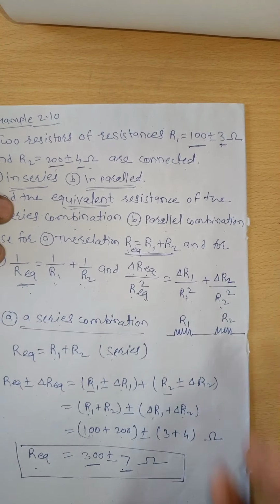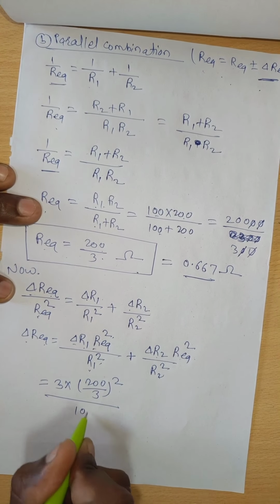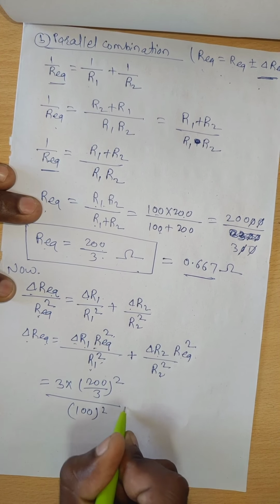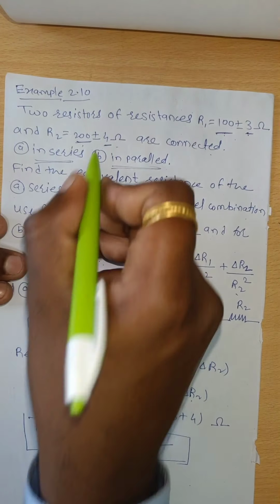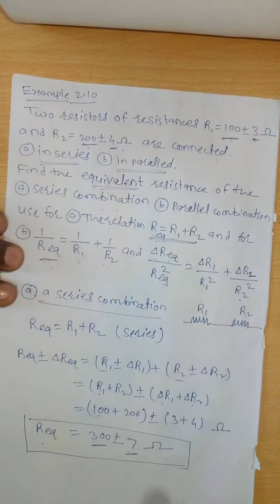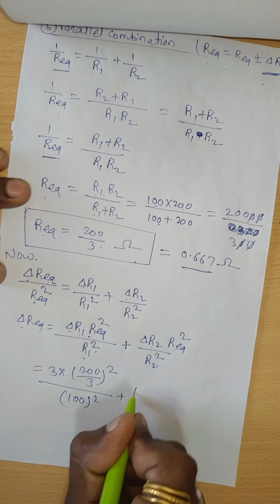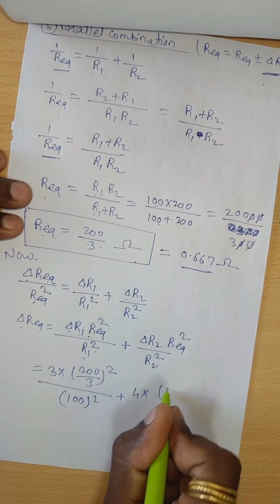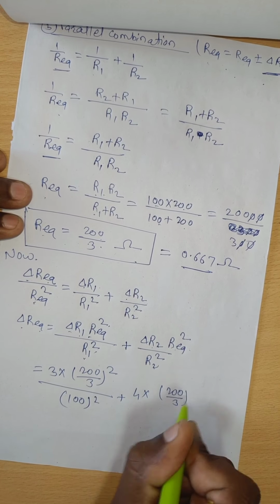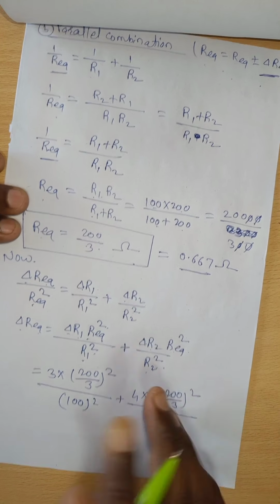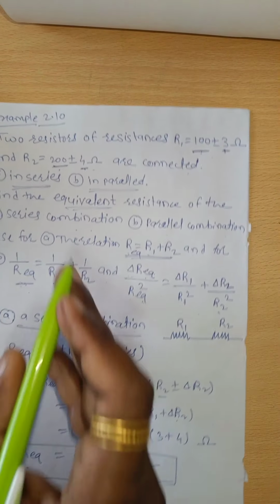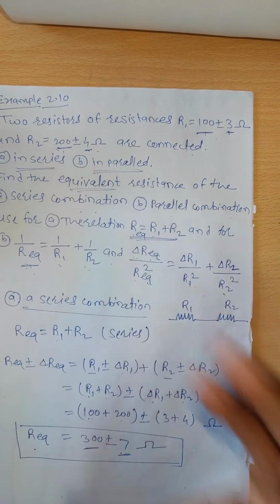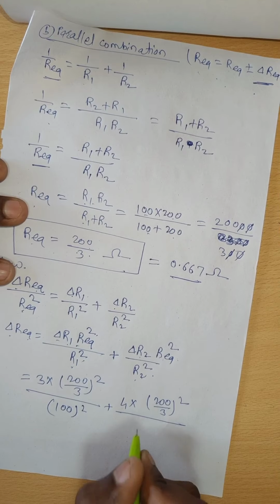R1 is 100, therefore 100 square. Plus delta R2, which is 4, so 4 into R equivalent square, 200 by 3 square, divided by R2 square. R2 is 200, therefore 200 square.